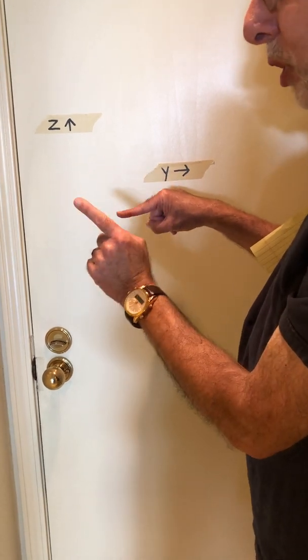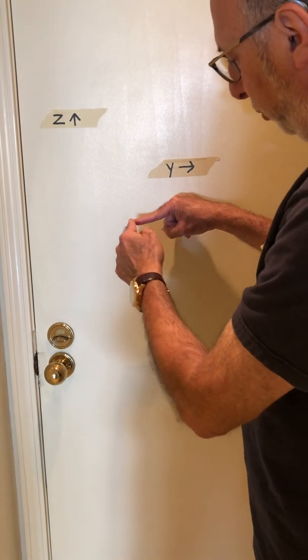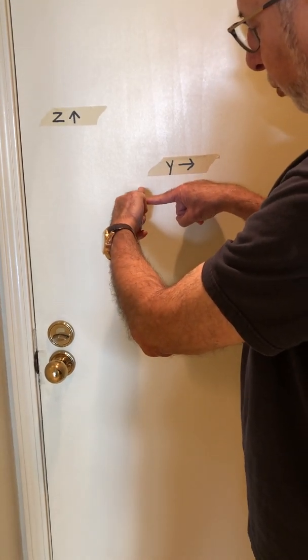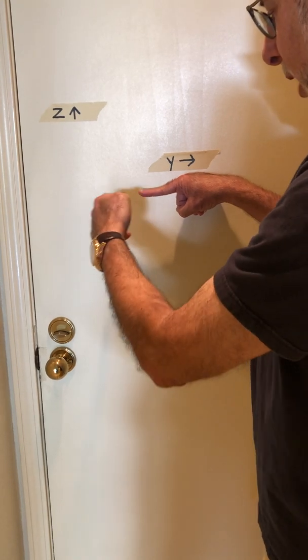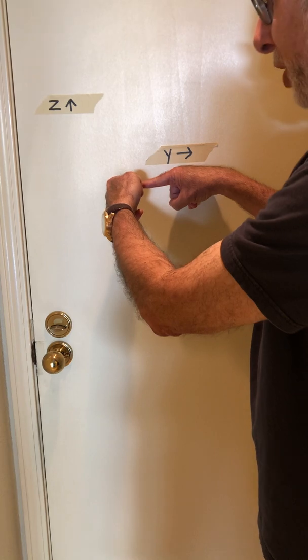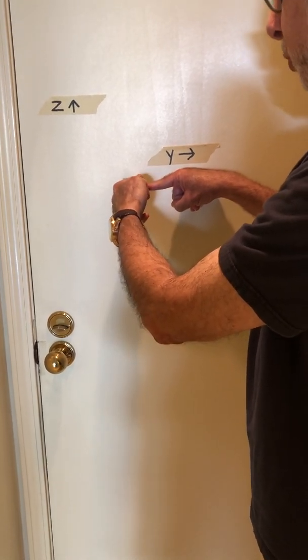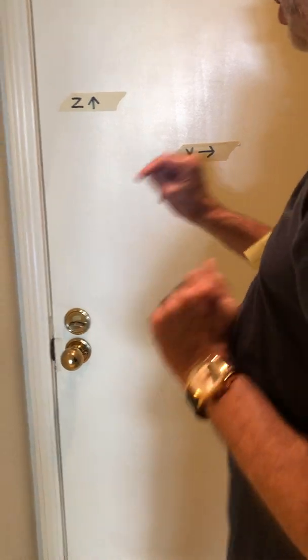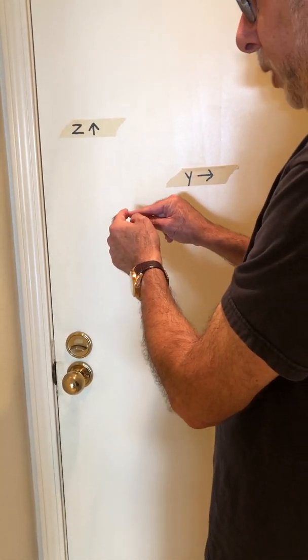So again, my coordinates are 1, 2, 3. If I want to find the shortest distance to the YZ plane, if I drop a perpendicular, I'm moving in the x direction. How many units? Well, x is 1 here. So 1 unit.